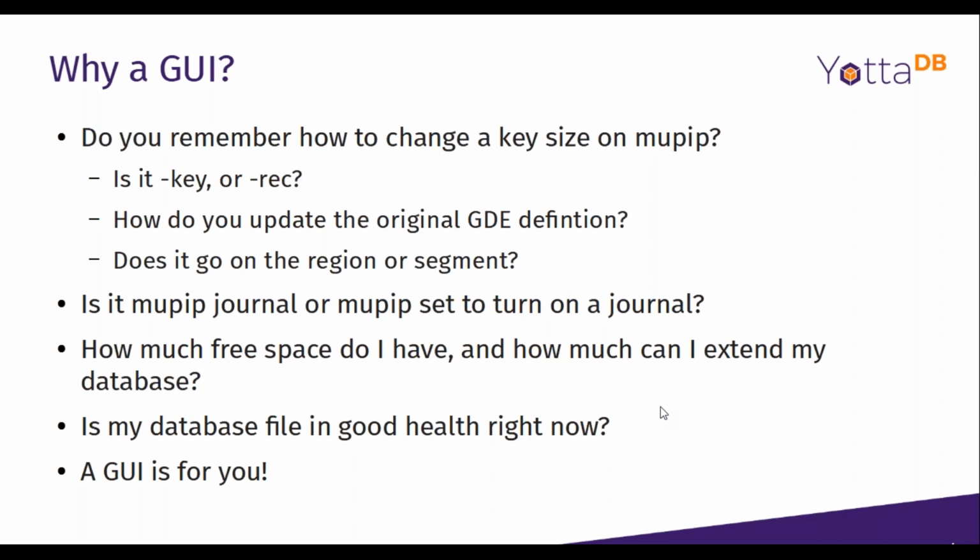We partially dealt with replication status. We don't have full replication support yet. I'll get to that later. And we are working on data integrity stuff. So that's why we need a GUI. There are a lot of different operations in the database that are unintuitive.